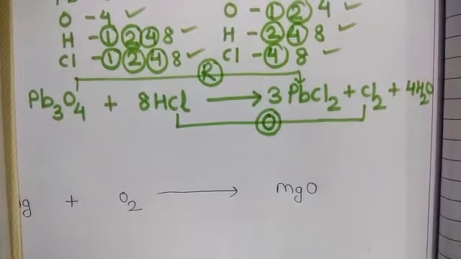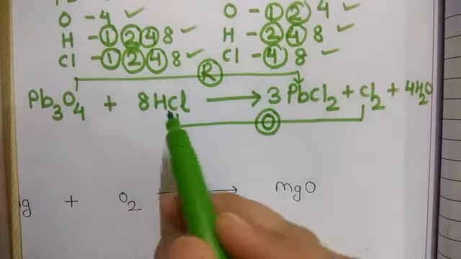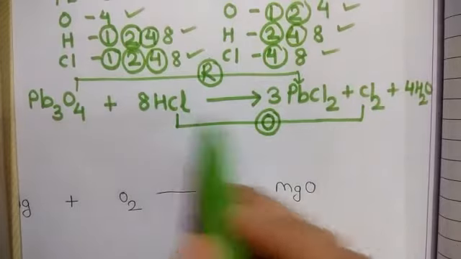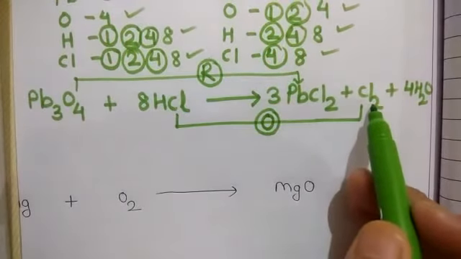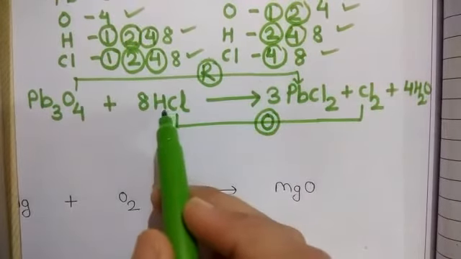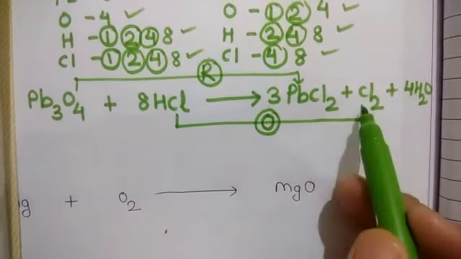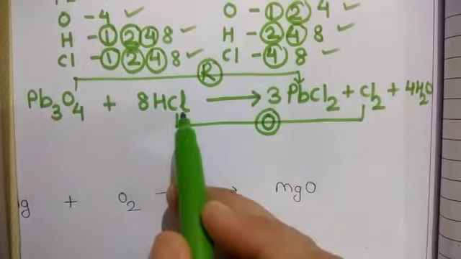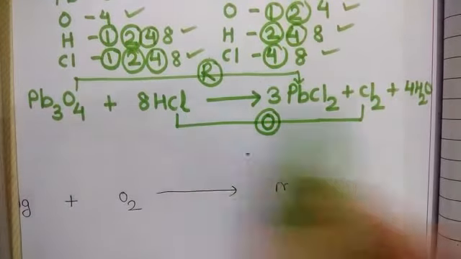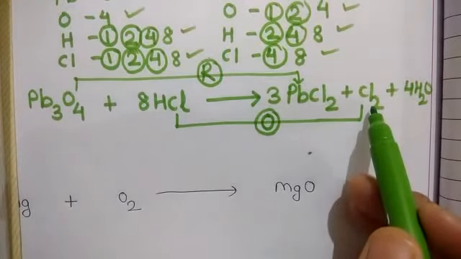Why is it termed oxidation? Because if we compare this chloride with this chloride, we see that this chloride has H, that is hydrogen. Now if we see this side, the hydrogen is not there, so this HCl has lost the hydrogen on going to the reactant.